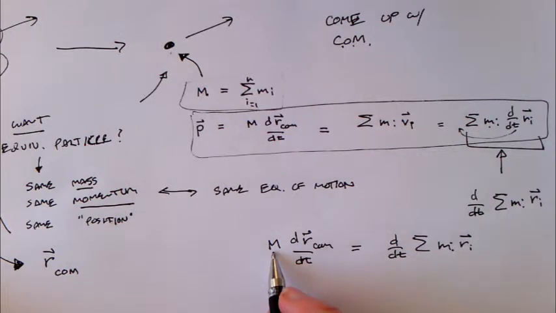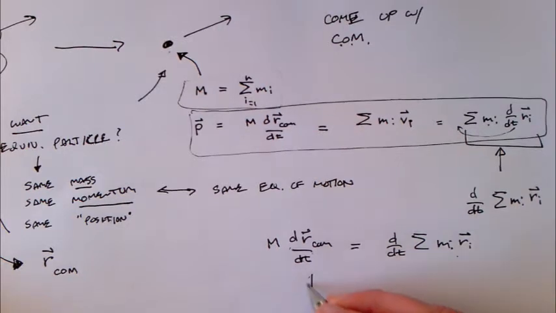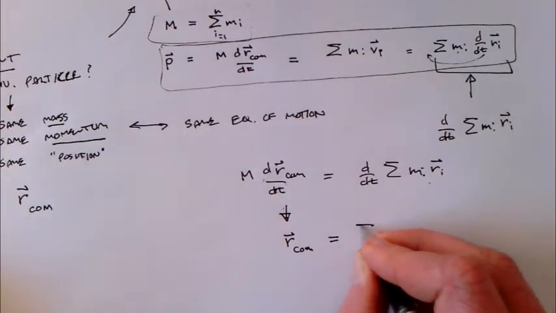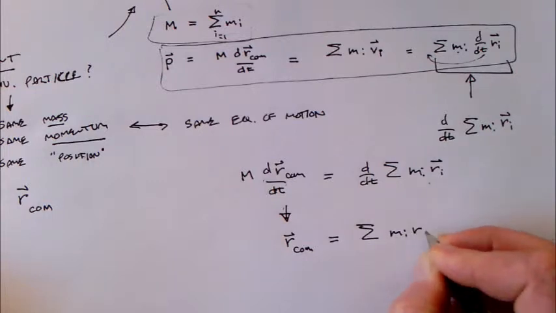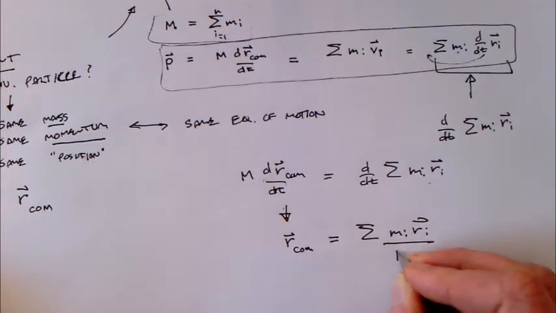So the total mass times the time derivative of the center of mass position is the time derivative of all of the individual momenta, which finally allows me to divide through by big M and take out the time derivative, at which point I get the position of the center of mass is equal to a summation of m sub i r sub i, divided by big M.